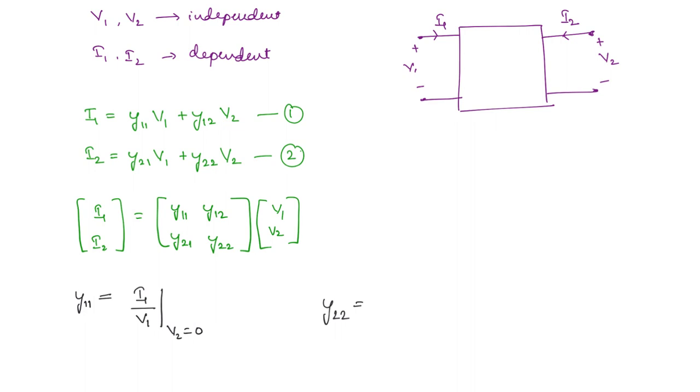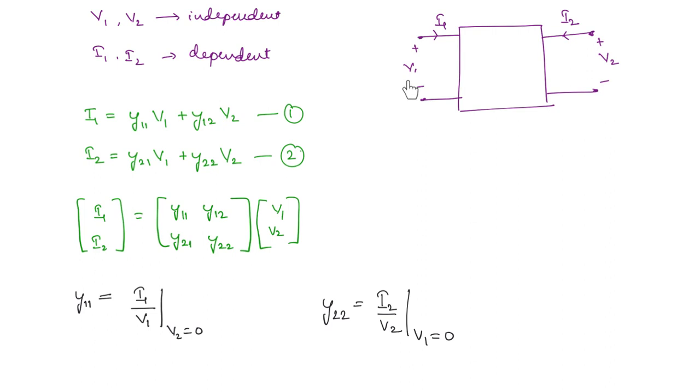What will it be? You will get from the second equation. This will be I2 by V2 when V1 is 0. Okay. So now you can see here why it is called admittance parameters, because it is the ratio of current and voltage, and why it is called short circuit parameters, because we are making the voltages 0. So if you short circuit V2 here, then you can find the ratio between I1 and V1, so that you will get Y11.